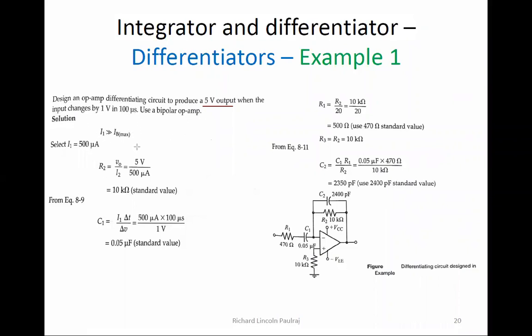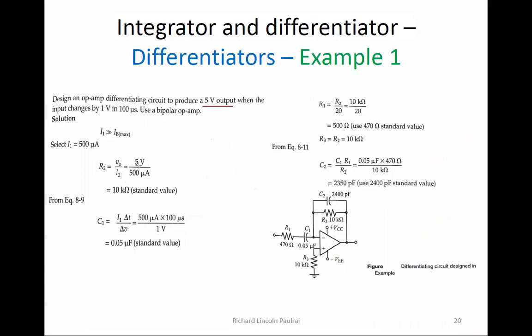As usual, first we take this form, where I1 is taken much greater than IB max. Usually IB max is 500 nano, so I take 100 times of that, and it becomes 500 micro. Now R2 is equal to the output voltage V naught divided by the current that passes through this resistance, which is I2.